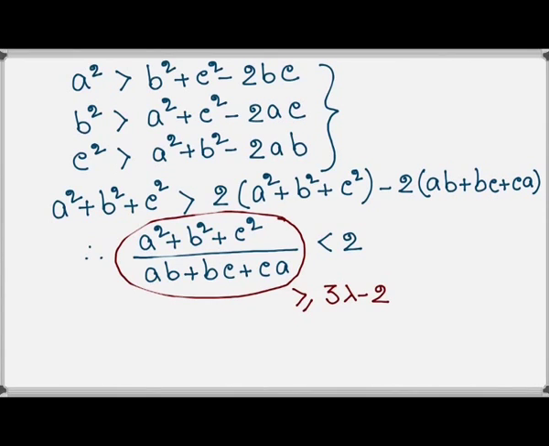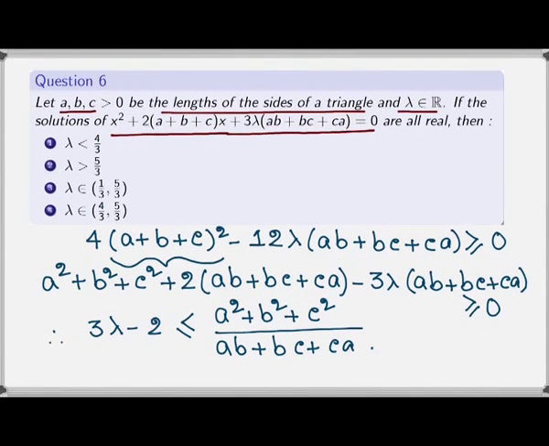So we can say that 3λ − 2 < 2. So therefore λ < 4/3. Hence the first option, that λ < 4/3, is correct.